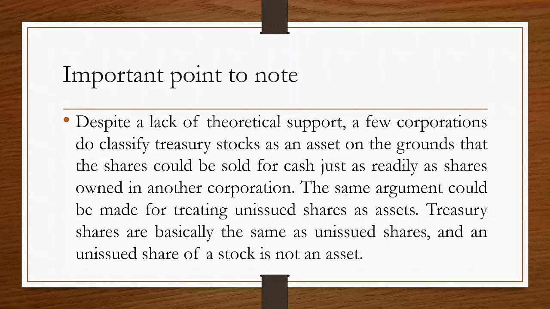The same argument could be made for treating unissued shares as assets. Treasury shares are basically the same as unissued shares, and an unissued share of a stock is not an asset. So it is not correct to treat treasury stock as an asset. So it is not an asset.